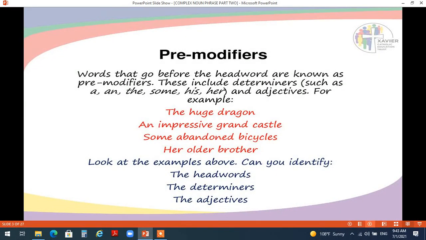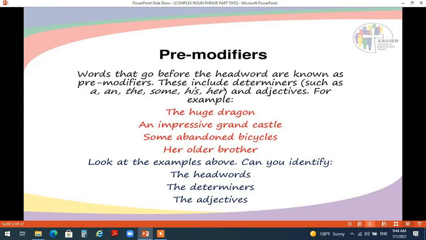The huge dragon. So dragon is the head noun which has been pre-modified by, first of all, the determiner, the article the, and then the adjective huge. In the second example, an impressive grand castle. Here castle is the head word which has been pre-modified by using two adjectives, impressive plus grand.